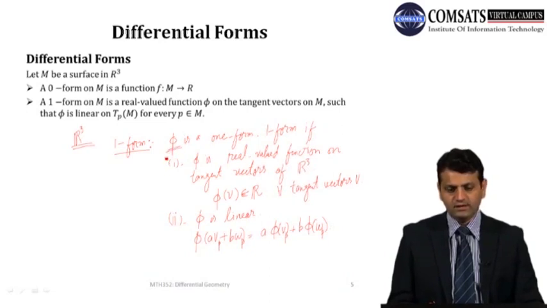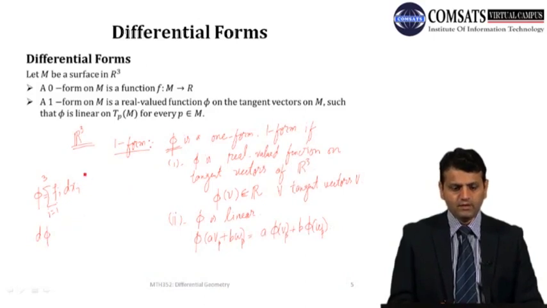उसके बाद हमने ये देखा था, so every one form can be written as the sum of fi dx i, and i varies from 1 to 3. और उसके बाद हमने exterior derivative की definition की थी. हमने देखा था कि d phi is a two form, और साथ साथ हमने ये भी देखा था what is a zero form on R3.